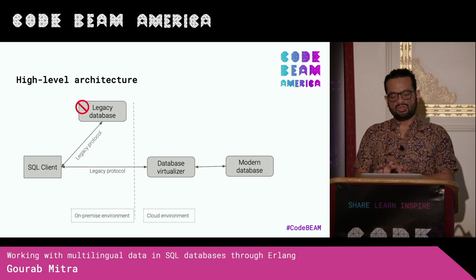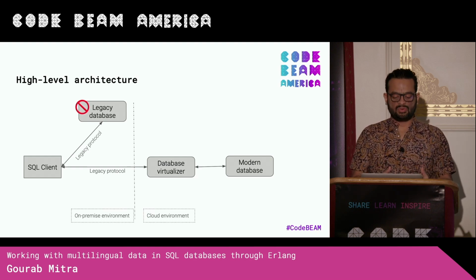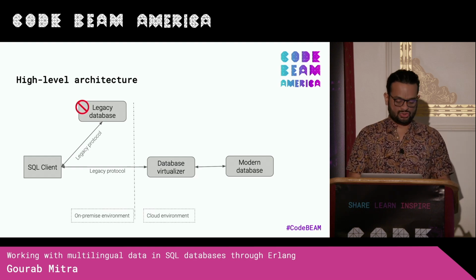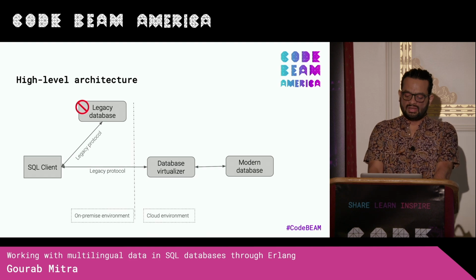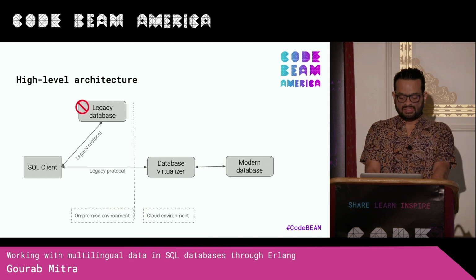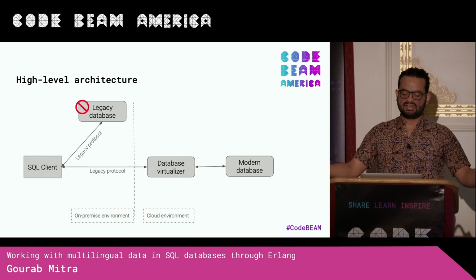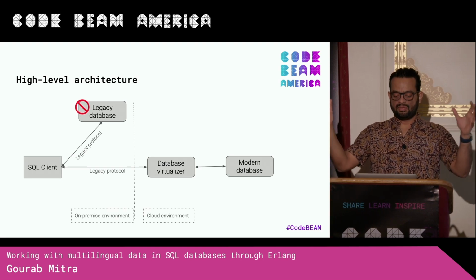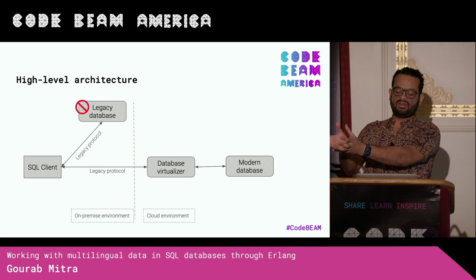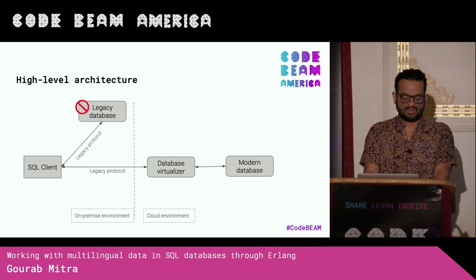Instead of connecting to the legacy database, the SQL client would now connect to the database virtualizer. This virtualization layer is an Erlang application which decodes the incoming queries, builds a syntax tree from it, performs some optimizations on the tree, and produces a SQL query which is handed off to a modern database.